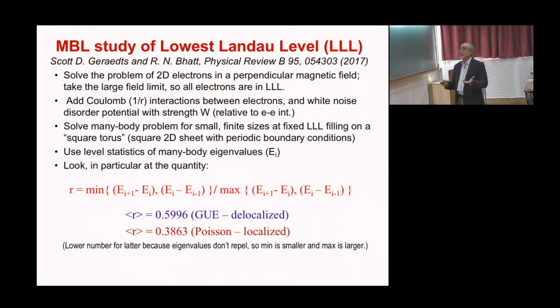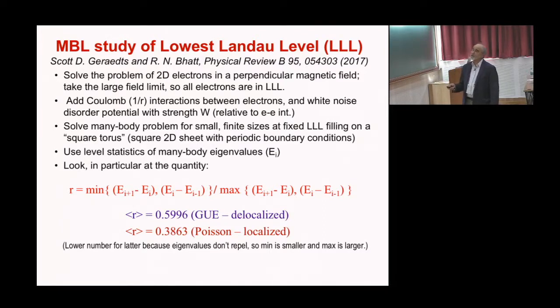And finally, we'll use precisely the same thing that Paul and Hughes used. That is, we look at the level statistic of the many-body eigenvalues. And in particular, this ratio of the minimum gap of 3 consecutive eigenvalues to the maximum gap.